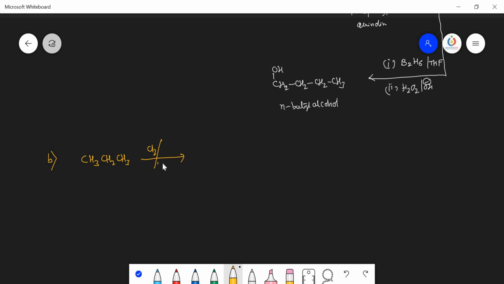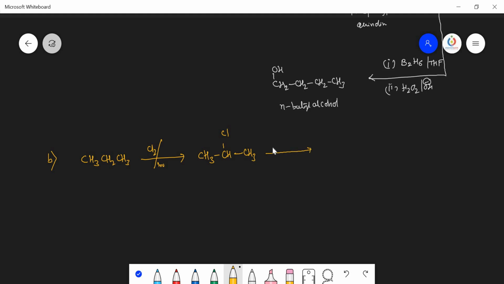Just do the chlorination in the presence of sunlight. Here, not only chlorination, you can take bromination. Bromination is more preferable than chlorination, as it compulsorily gives the secondary substituted product. So we get 2-chloropropane.